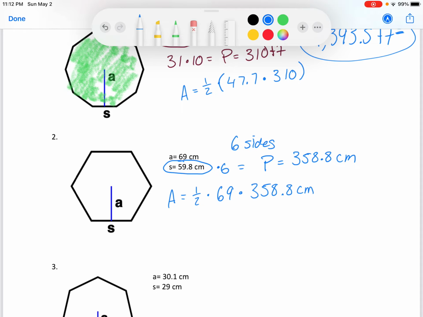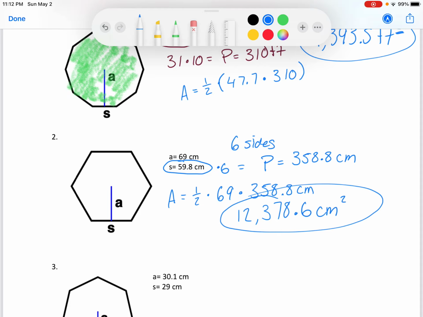And we punch that into our handy dandy calculator, and we get, if we type it in correctly, that will help. So 69 times 358.8 equals, divided by 2, and we get 12,378.6 centimeters squared. Lovely.